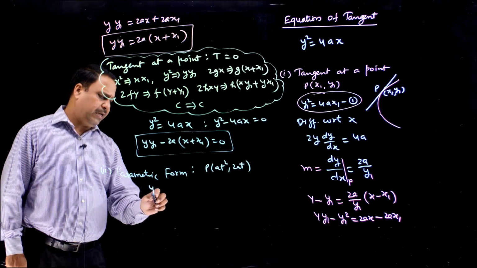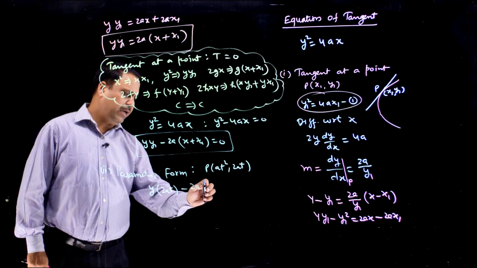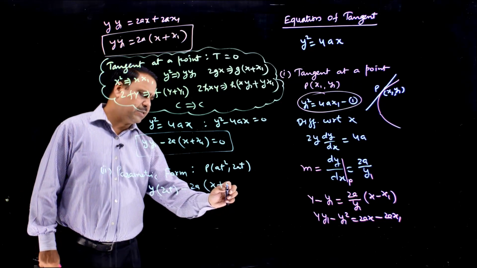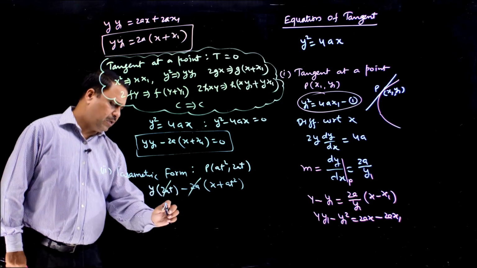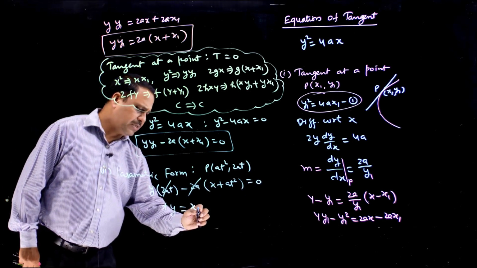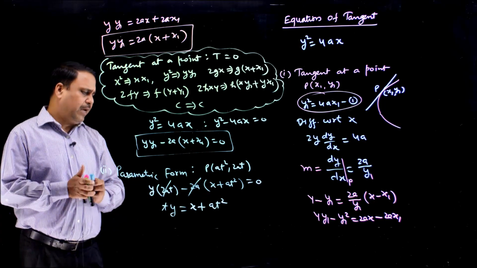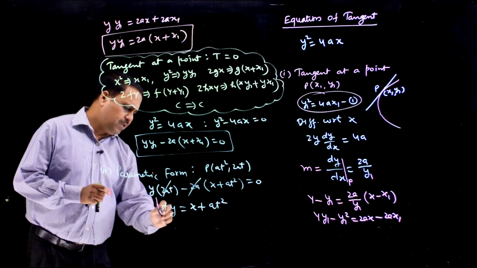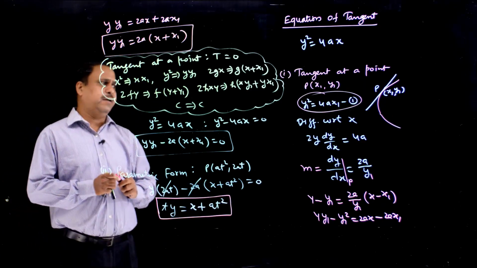So I will get y times 2at minus 2a into x plus at square. 2a will cancel out. So ty is equal to x plus at square. This will be my equation of tangent at point t.